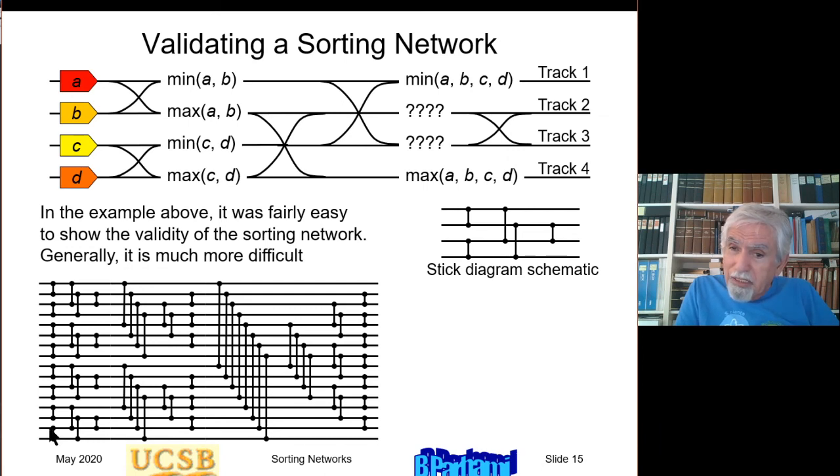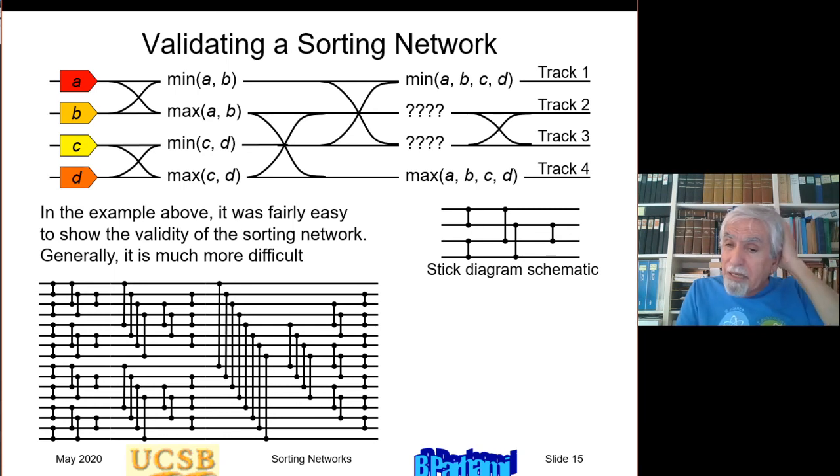How did the designer of the sorting network decide where to put these comparators or exchange elements? It's non-trivial. But even if this is given to us, and we are just asked to verify that it's a correct sorting network, it's a non-trivial task.